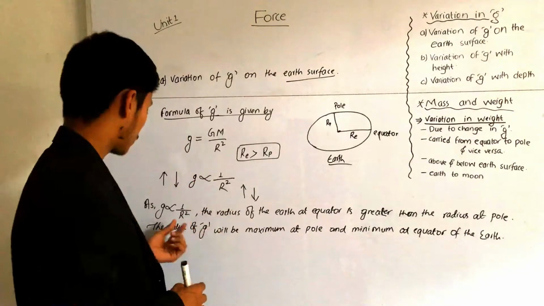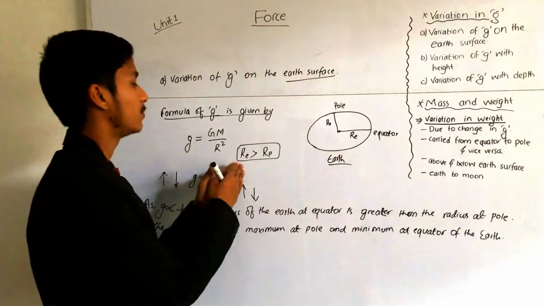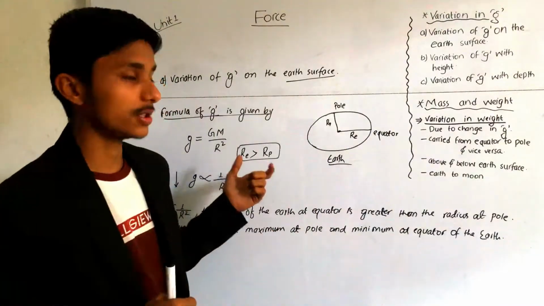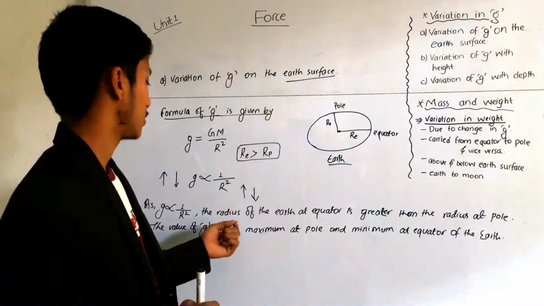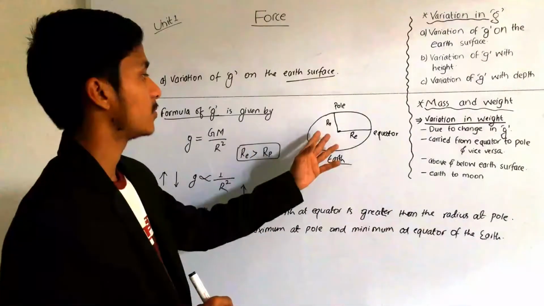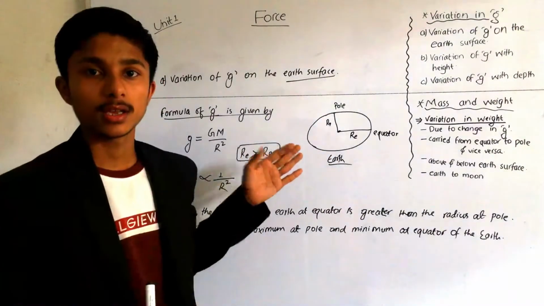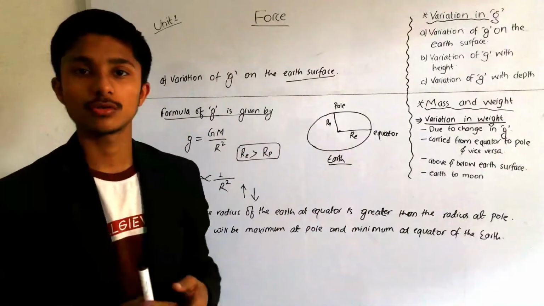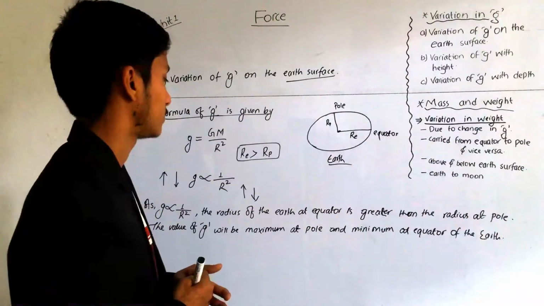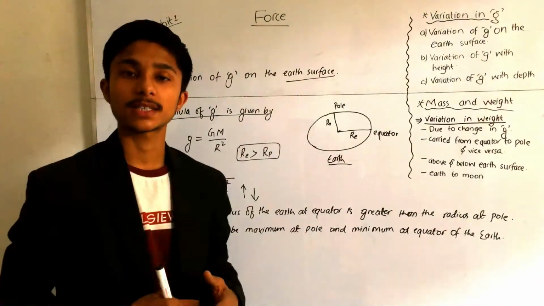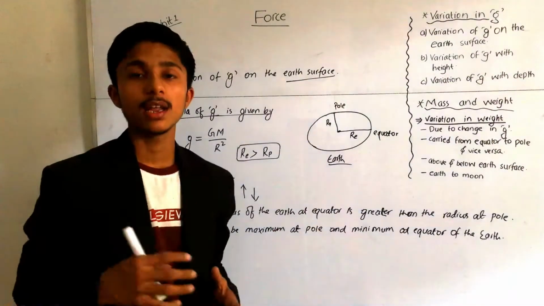When the radius of the earth increases, it means the radius of the earth is greater at the equator. The value of g will be minimum, and when the radius of the earth at the pole is smaller, then the value of acceleration due to gravity will be maximum. So one question is there: objects fall faster at the pole than at the equator.